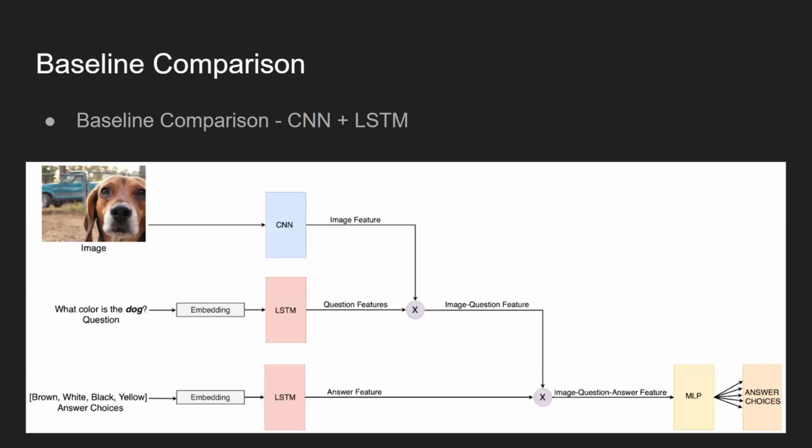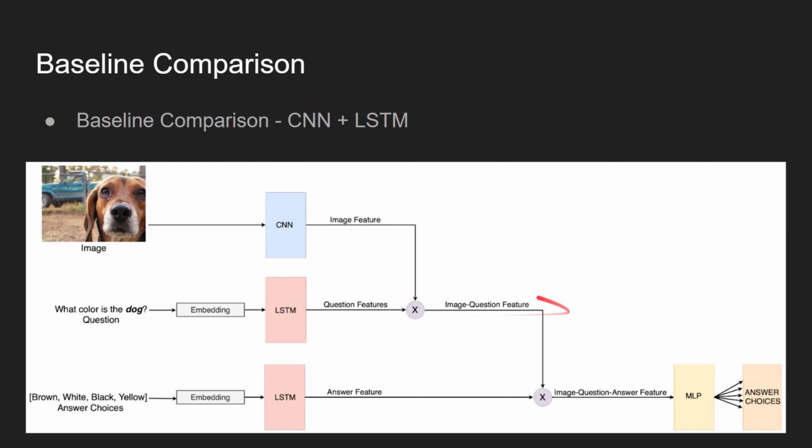So our plan is to compare our transformer against a baseline model that we used, a CNN and LSTM model, so that we can evaluate our model as a comparison. This model uses a CNN to extract the image features and then does a pointwise multiplication with the question features that are extracted from an LSTM.